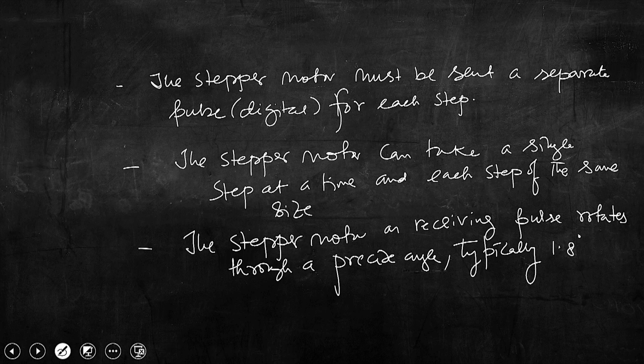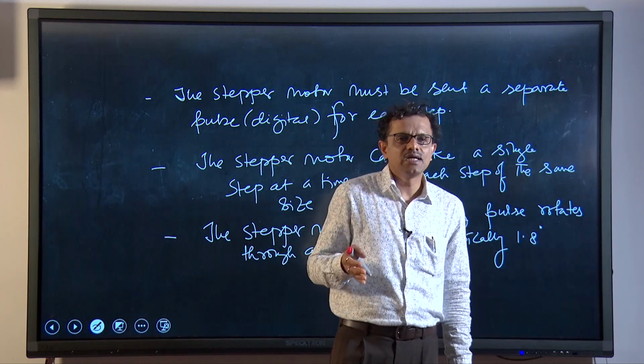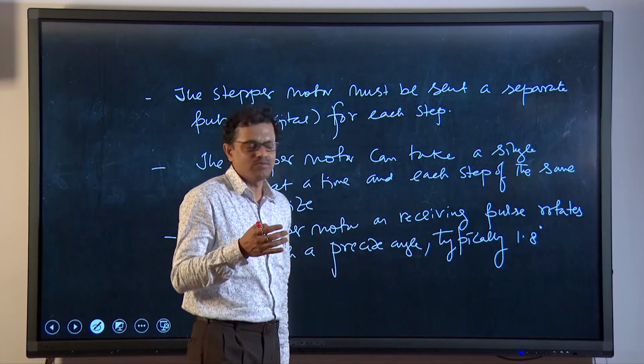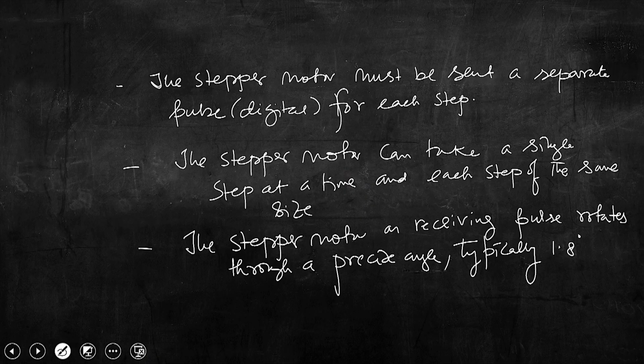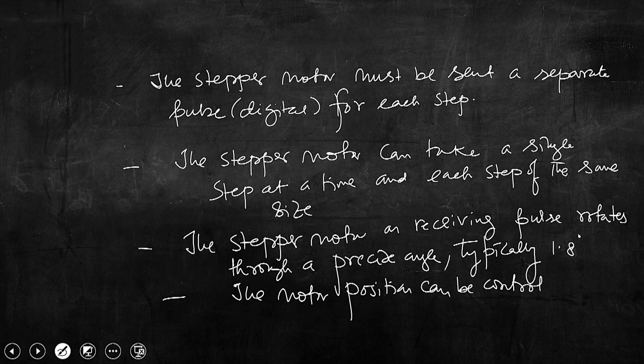So, since the stepper motor can have a precise rotation of 1.8 degrees, if the engine is having a stepper motor, this can have precise control without any feedback. I can write: the motor position can be controlled without any feedback mechanism.